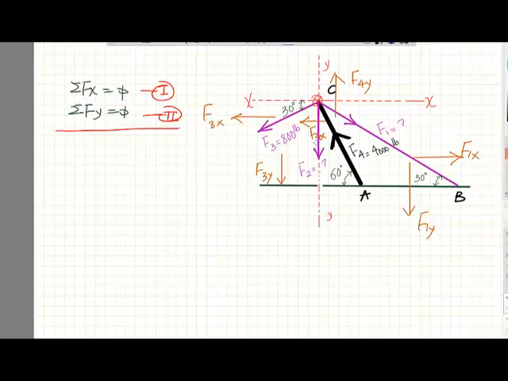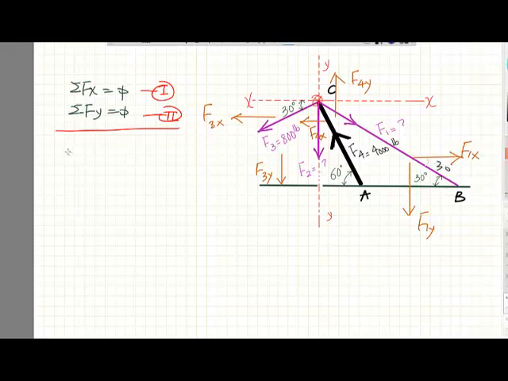So now that we know what our plan will be, we need to do the calculation for the values of F1x, F1y, and so on. Of course, F1x uses the cosine of angle 30, because this angle is equal to this angle, so this is 30 actually.